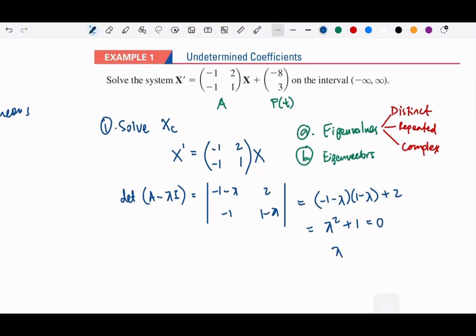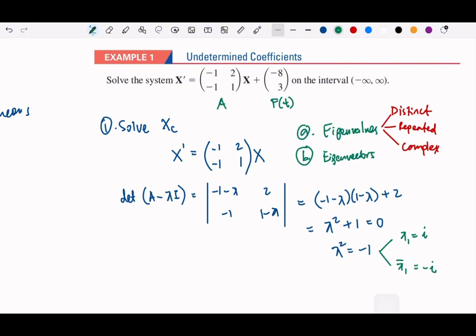So the eigenvalues are actually imaginary, they are complex. To write the complex notation, remember, we write lambda 1 as the positive i, and the conjugate we write exactly the same, but with a bar at the top, which indicates it is its conjugate. This will be negative i.